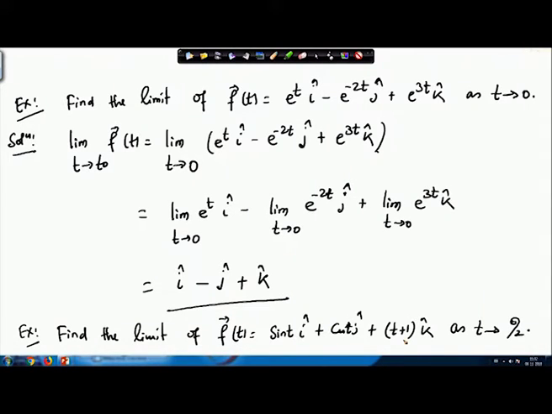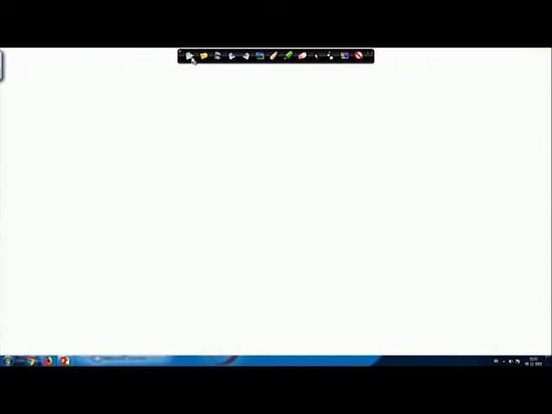And there are some other ways to denote a vector function or a vector quantity. So far we have been writing f(t) equals f1(t) i plus f2(t) j plus f3(t) k, but we can also write it in several other ways.